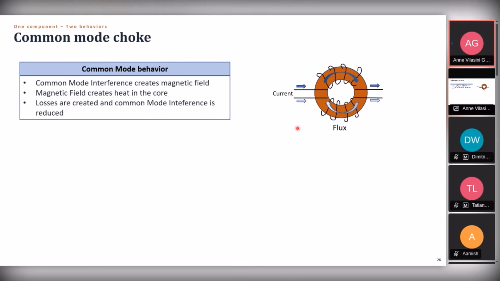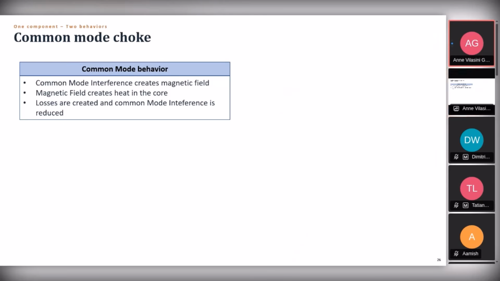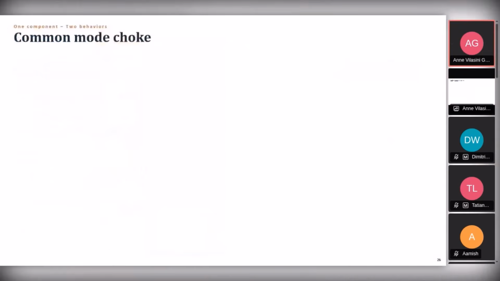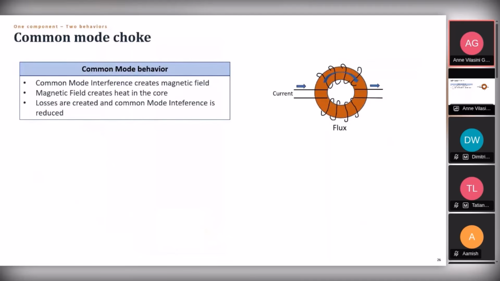A common mode choke is simply constructed in such a way that there are two wires wound around a single core. When both the currents are going through the same way, as I said, the common mode noise here is flowing in the same direction.